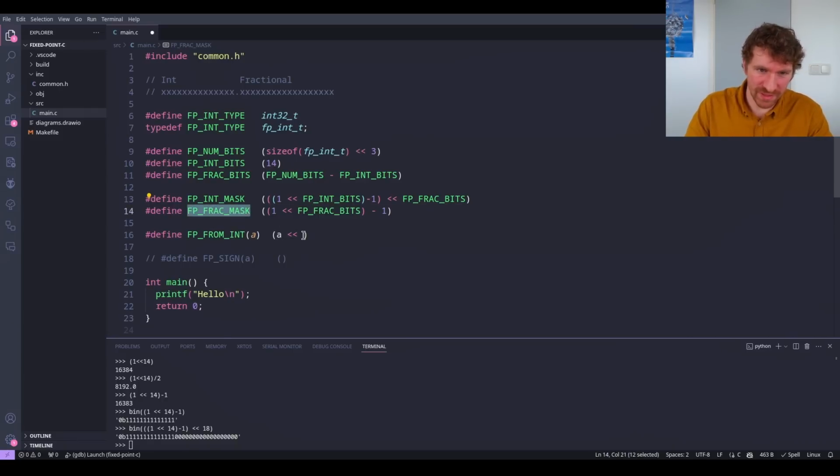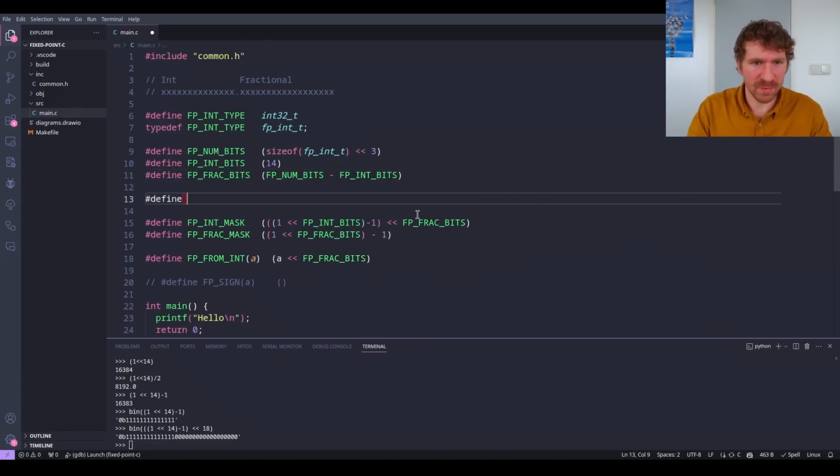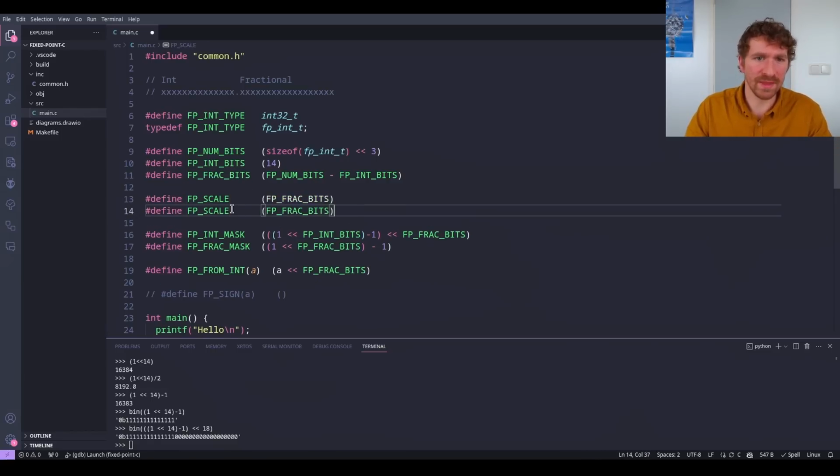Basically, we're going to shift this up by the number of fractional bits that we have. And just to make this explicit, I'm going to call this the scale, and the scale is literally just the fractional bits. And then I'm going to call something the scale factor, and that is 1 shifted up by the scale, right?